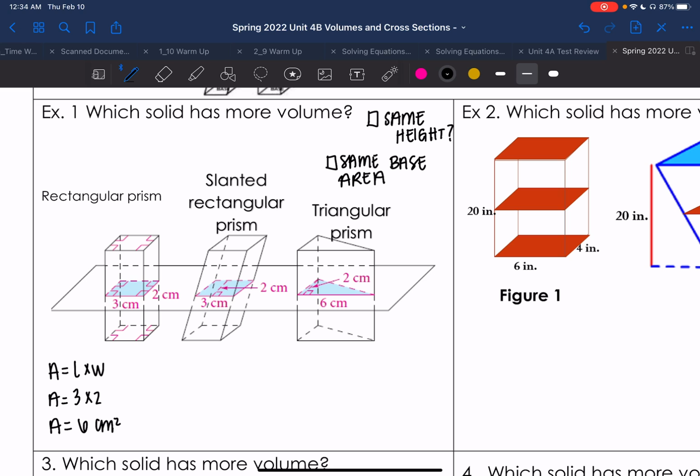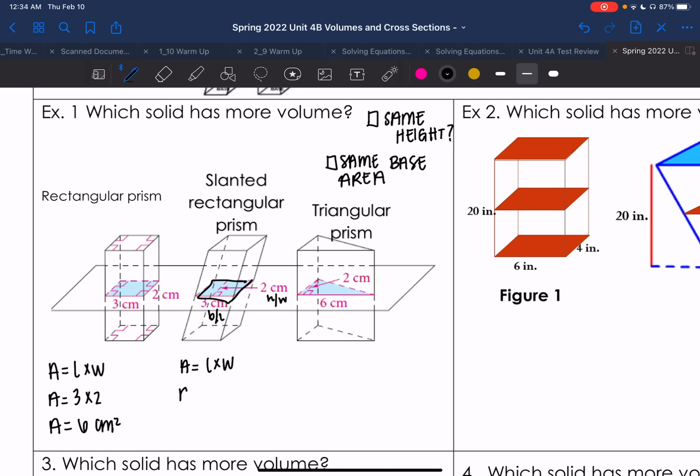Ignore what I said about it being a square prism. Here, my area formula is not changing. Even though it's slanted, you're still going to use the area formula base times height, or in this case, length times width, okay? So we have the base, the length right there, and then we have the height, the width, of this little cross-sectional area.